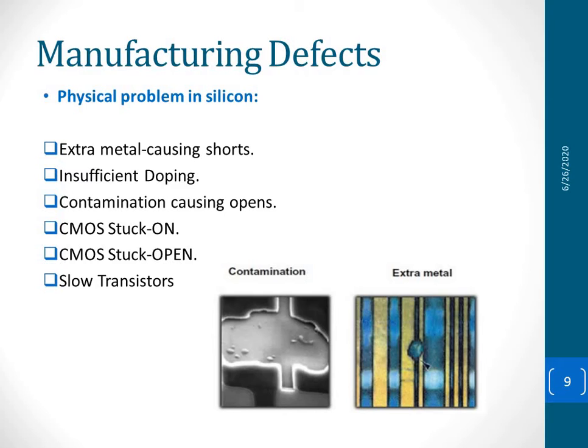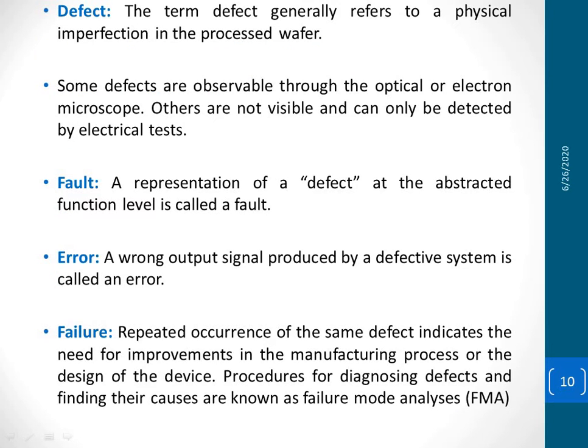Lines sticking to only one particular logic is called stuck-at faults. So in CMOS circuits, it can happen that they are stuck to one particular thing. They are called stuck open and stuck short. That also can happen in manufacturing faults. And slow transistors. If the transistors are slow, that also will result in manufacturing defects.